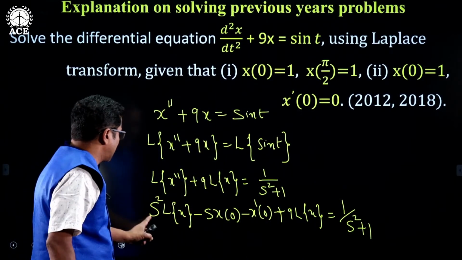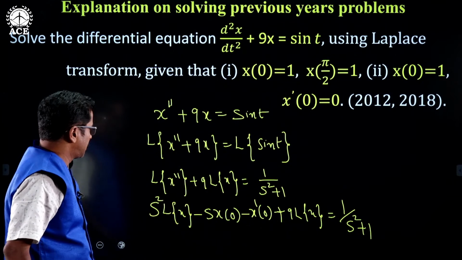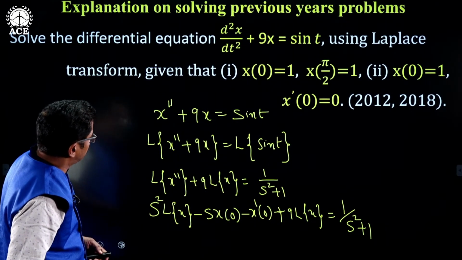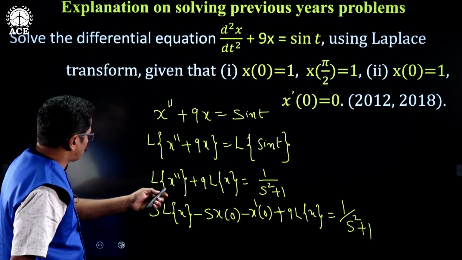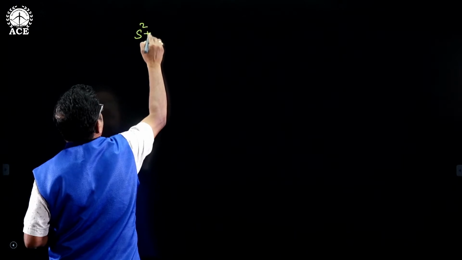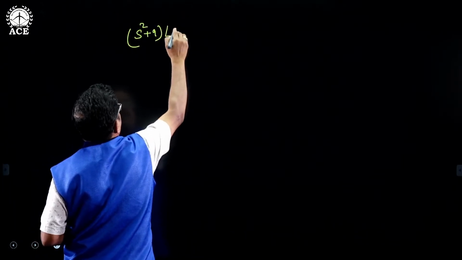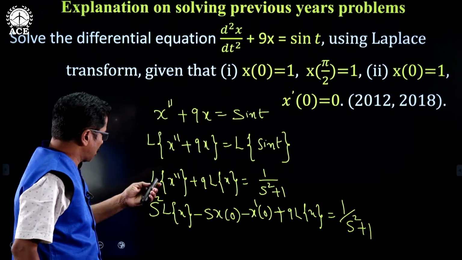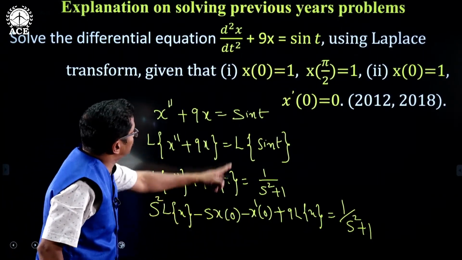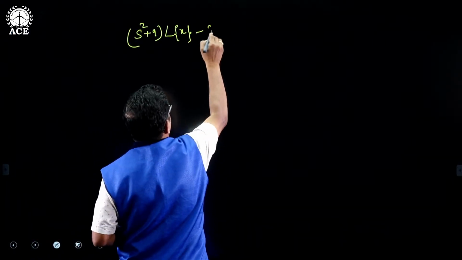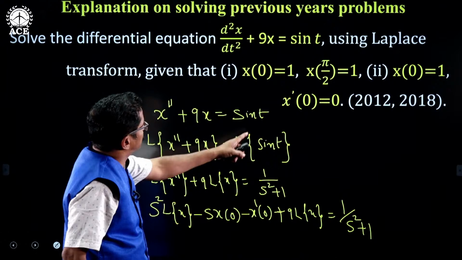Now I will take L of x common and apply the conditions. x of 0 is equal to 1. So s square plus 9 into L of x; these two terms are the L of x terms. x of 0 is 1, so minus s into 1, minus s. Next, x dash of 0.